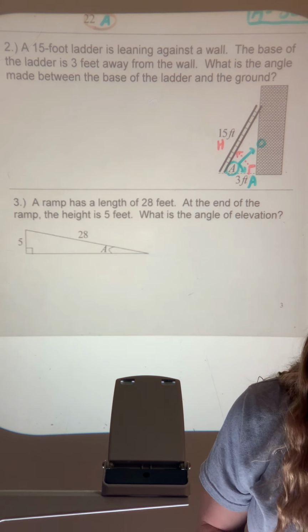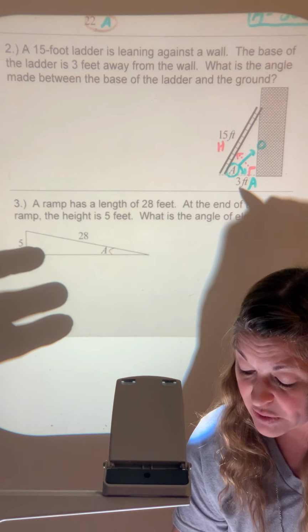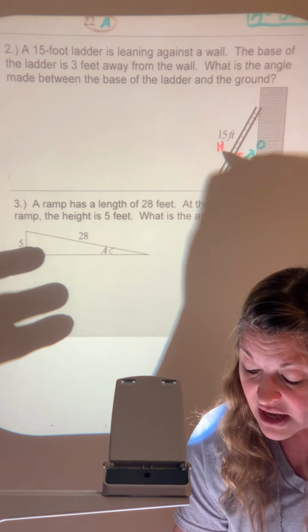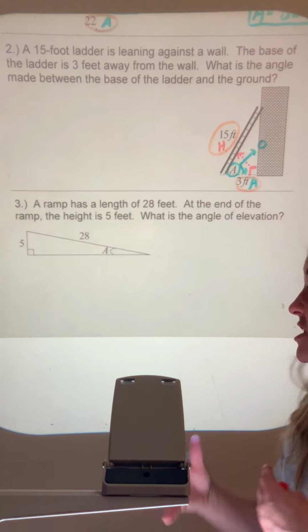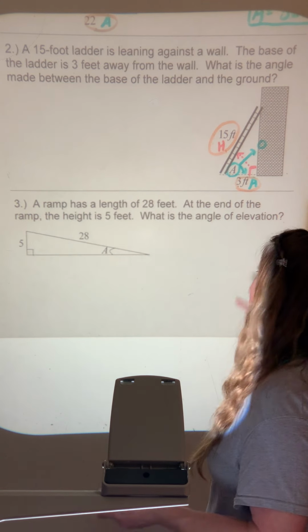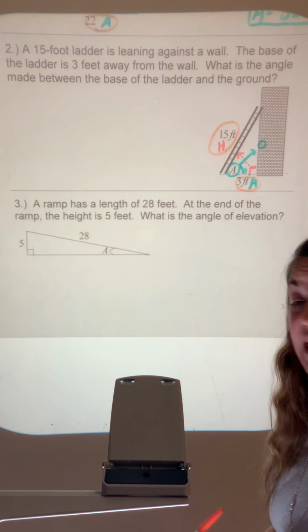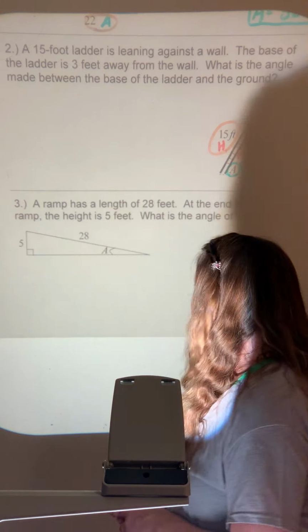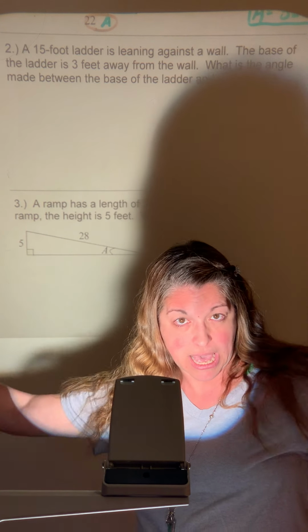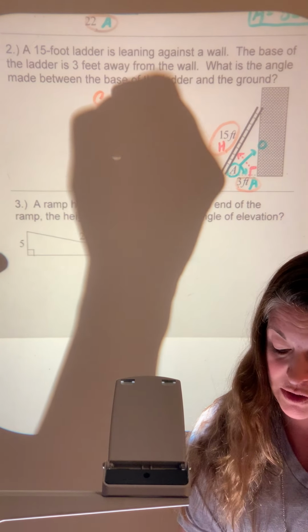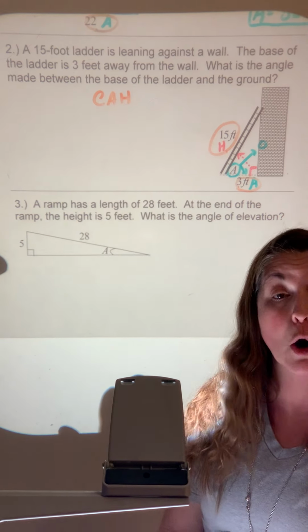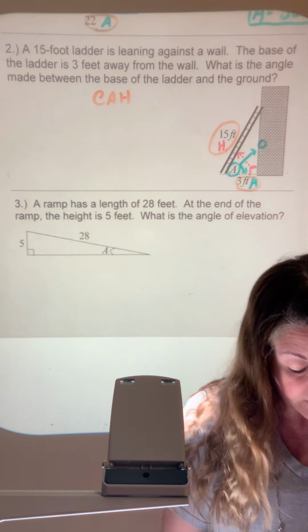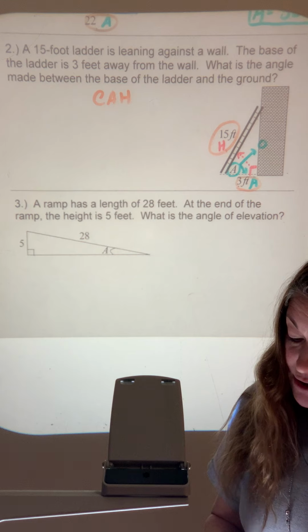So again, deciding on our trig function, we know that we can only use the sides that actually have numbers or variables on them. So in this case, it is the A and the H. And if you remember what our big bad Philadelphia Eagles say, ka, ka. So that means we're going to be using the cosine. So we're going to go ahead and write our equation.